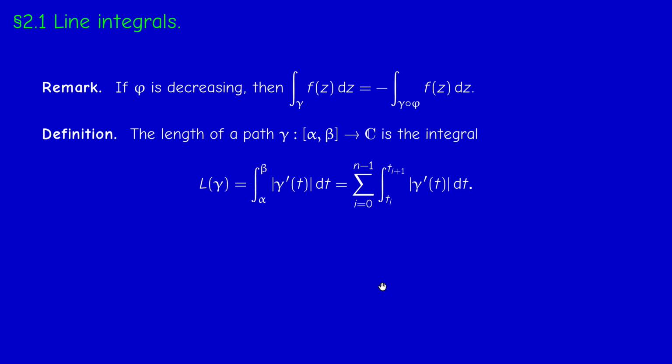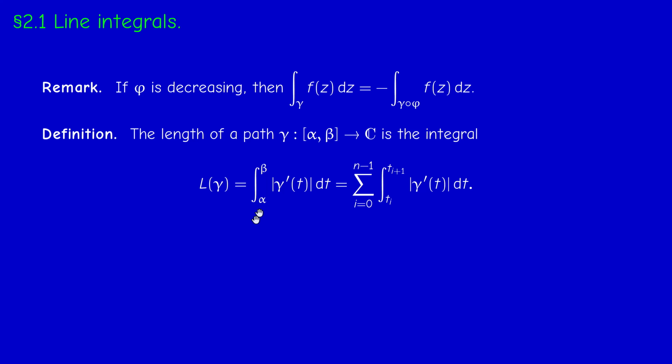Now, the length of a path, as you may know, is the Riemann integral from alpha to beta of the modulus of gamma prime. Remember that gamma prime is a complex number, so this is the modulus here. In principle, you encountered this formula before, and we can justify it.